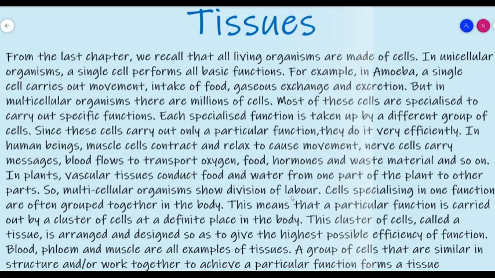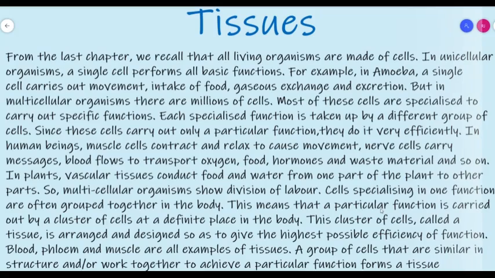As told, in multicellular organisms, the cells are divided into various groups. Now these various groups take up a specific function, as discussed, such as transportation, pumping, and causing movement. Cells specializing in one function are often grouped together in the body.